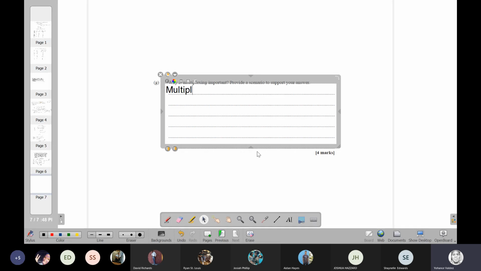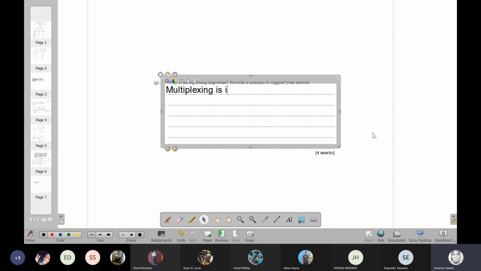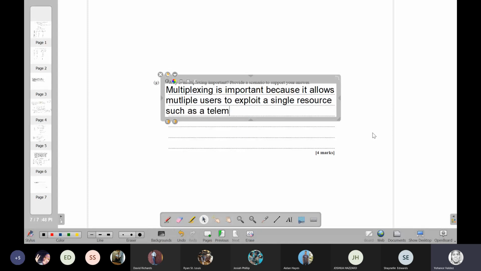So multiplexing is important because it allows multiple users to exploit a single resource such as a telecommunication line.